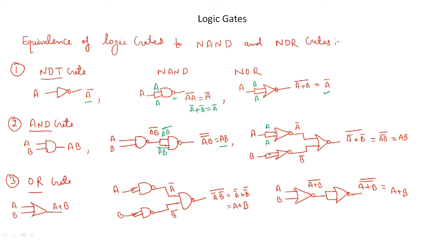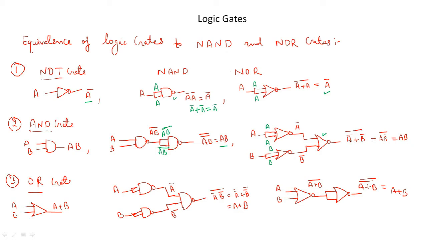Similarly here it is B, so B plus B will be B and inversion of it will make it B bar. So to this NOR gate, the two inputs are A bar and B bar.